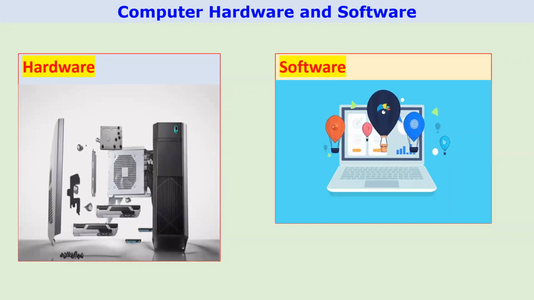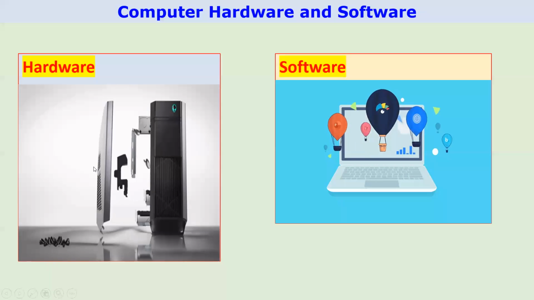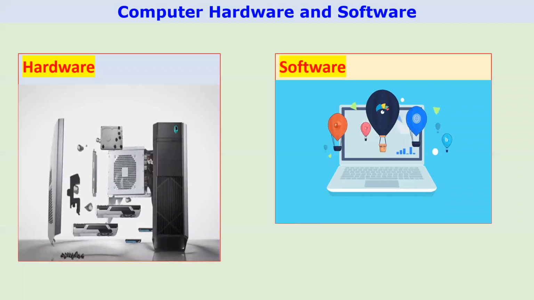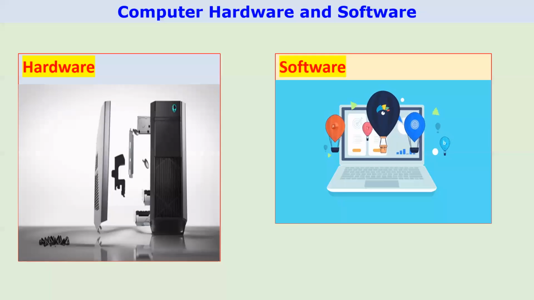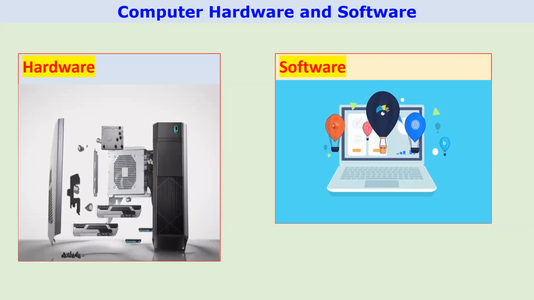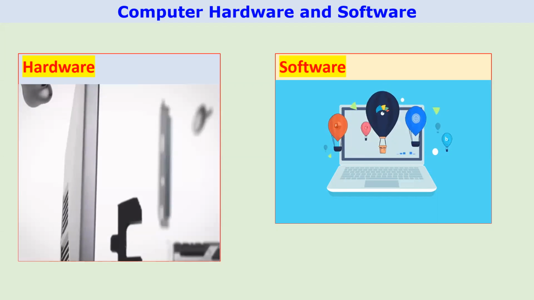points? Right. By looking at the hardware side, you can see all the things that physically exist. You can touch it. It is available outside the system unit as well as inside the system unit.